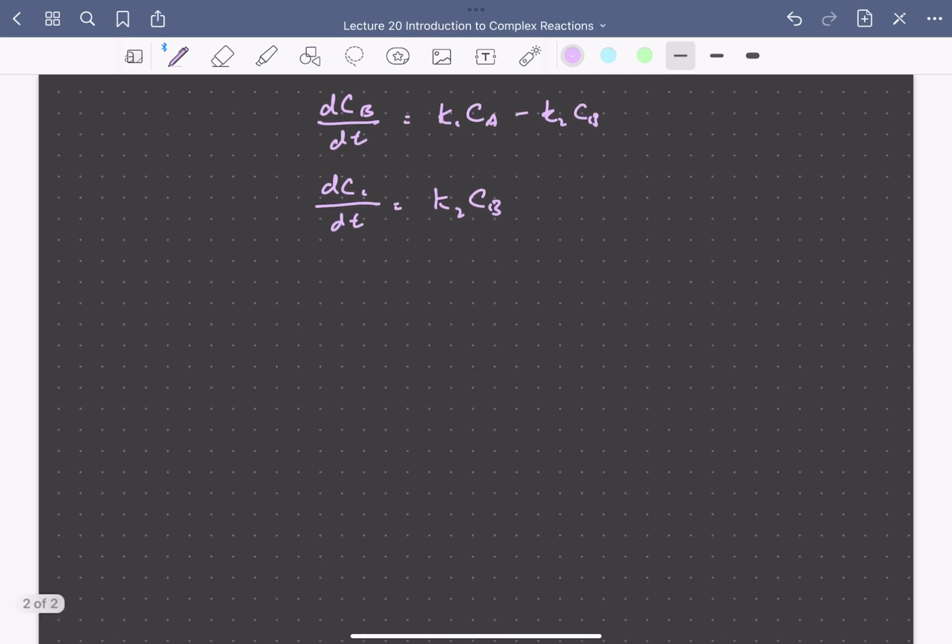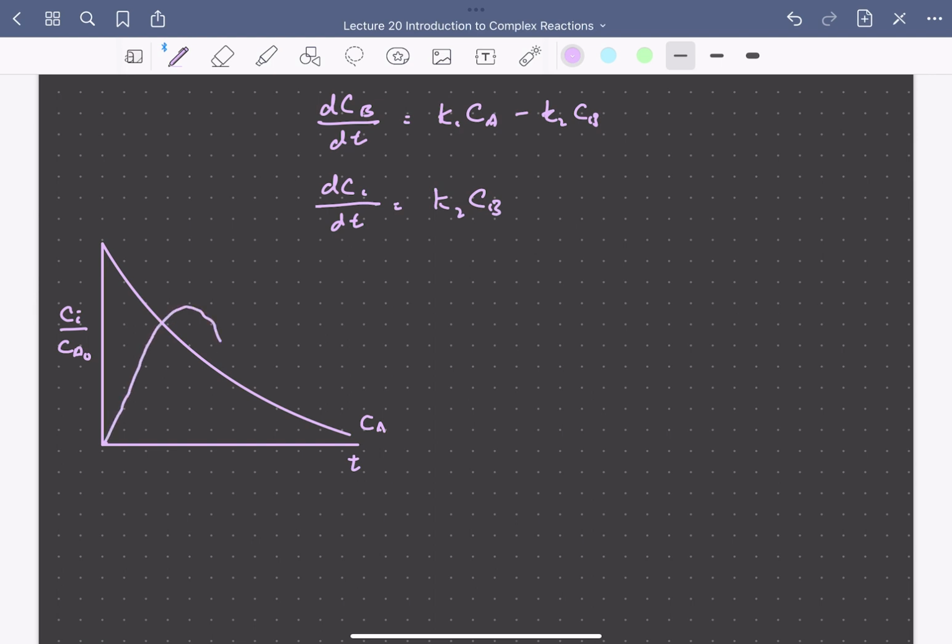So I'll plot it first. If I look at the normalized concentration of each species versus time, A monotonically decayed, B initially increased, went through a maximum, and then decreased as eventually it was converted to C in the reactor.